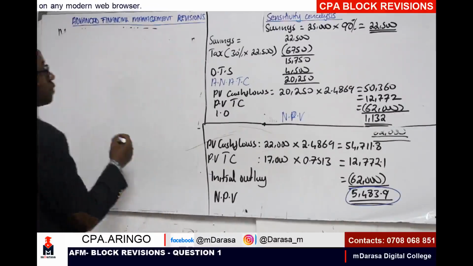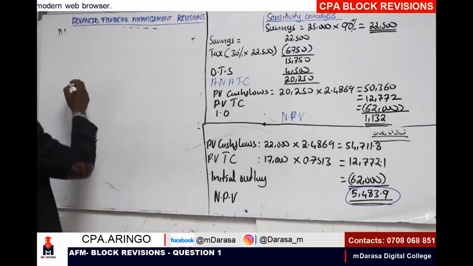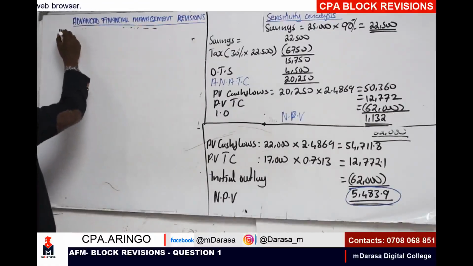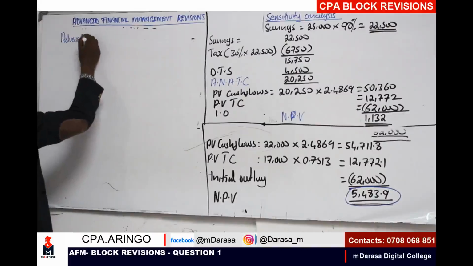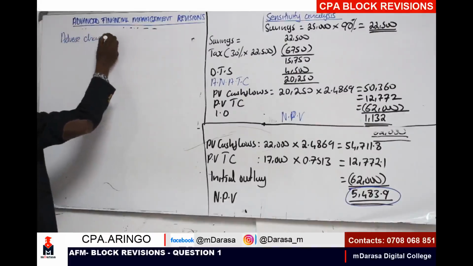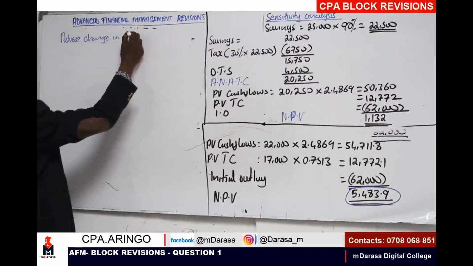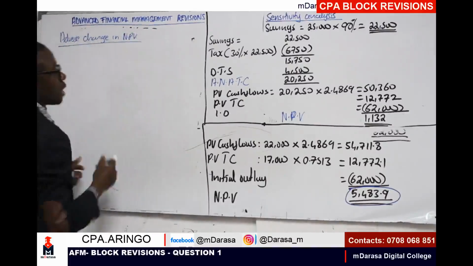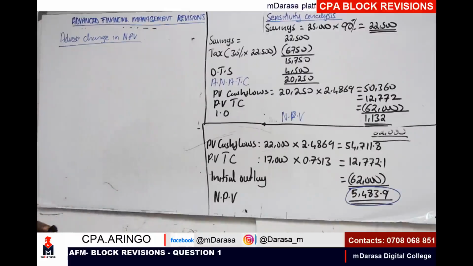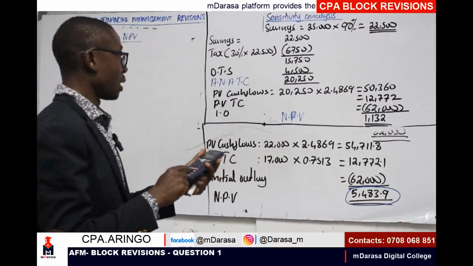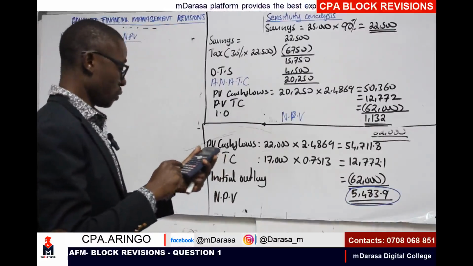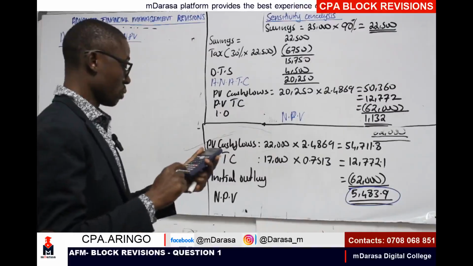Adverse change in NPV. So we're having basically 2.469.